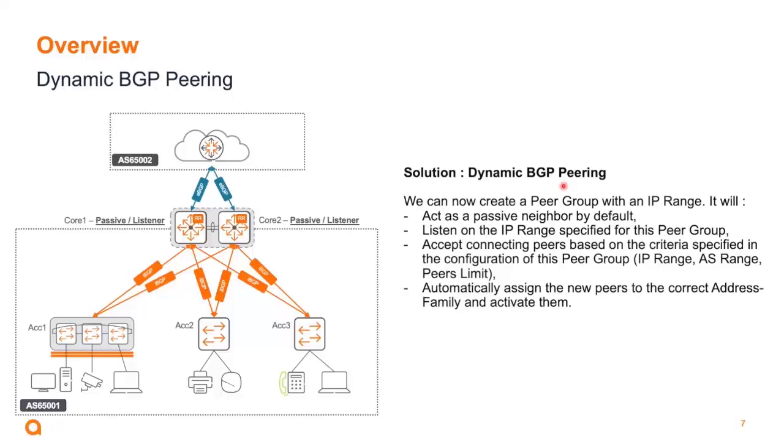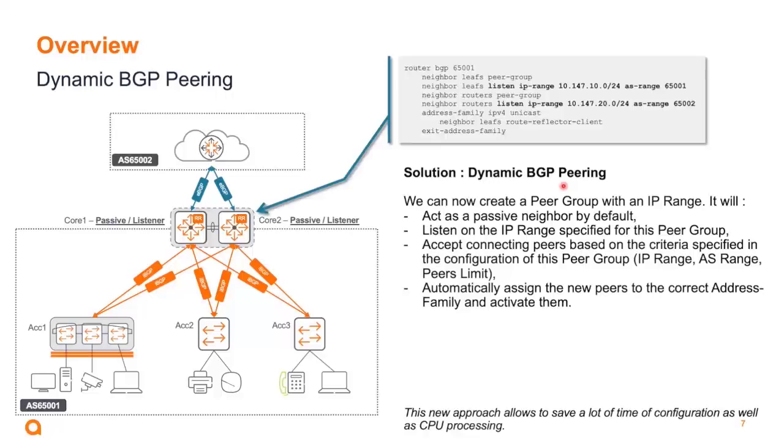This new neighbor will automatically inherit all the configuration related to this peer group. As you can see on the snippet here, the configuration is highly reduced, allowing us to save a lot of configuration time and to be more dynamic and so less prone to error.